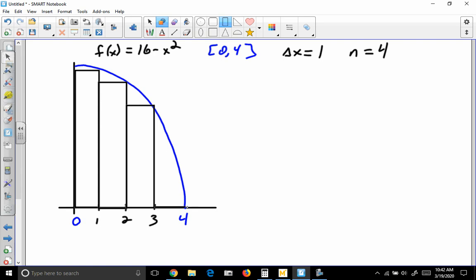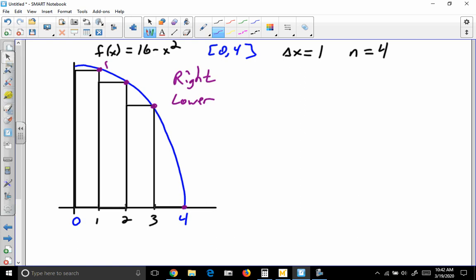Notice when x is 4, y is 0, so our last rectangle has a height of 0. All of these touch the curve on the right side of the interval, hence this is a right-hand sum. This is also going to be a lower sum because when we add up our areas, it's going to be lower than the actual area.